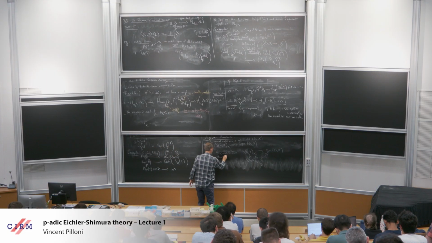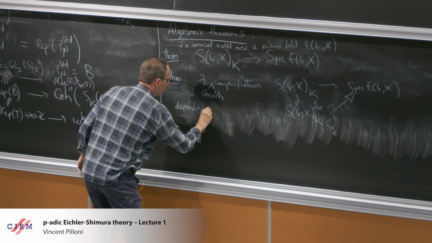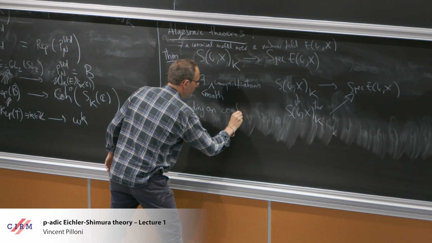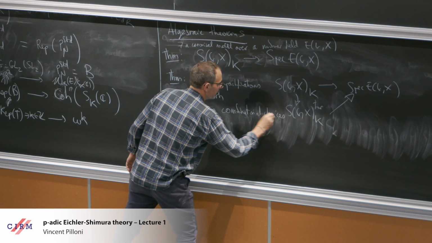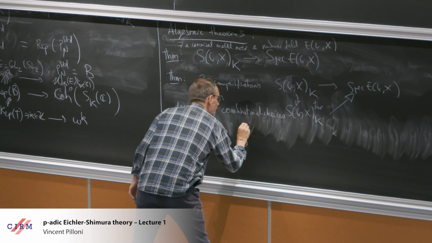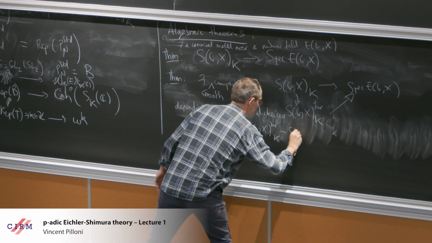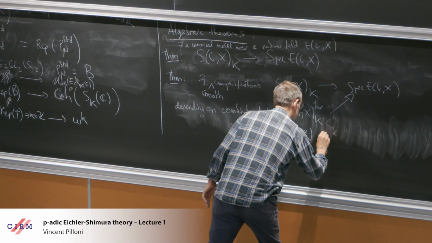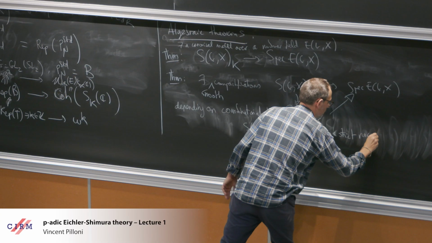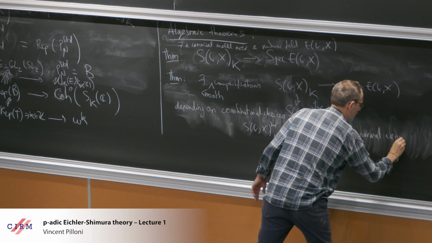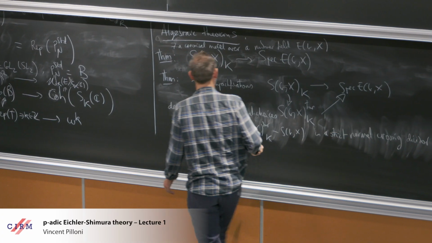So there exist smooth compactifications depending on combinatorial choices. And the complement Sh_K^tor minus Sh_K is a strict normal crossing divisor. Okay, so that's also important.